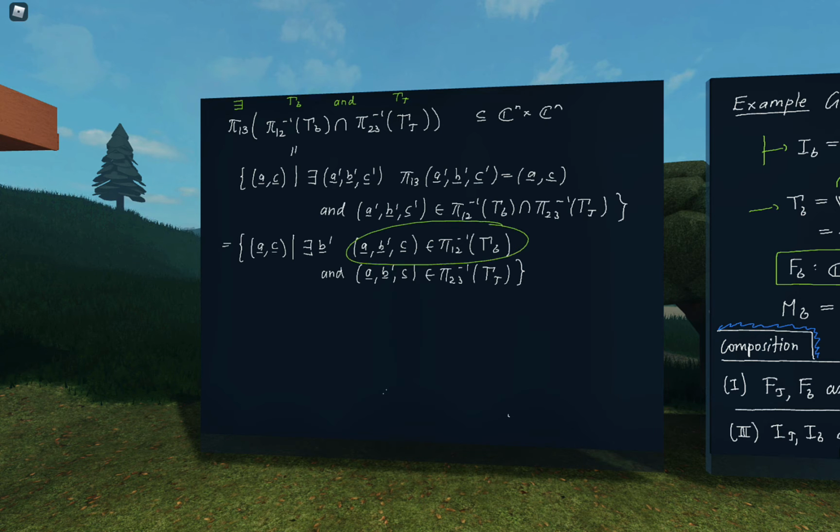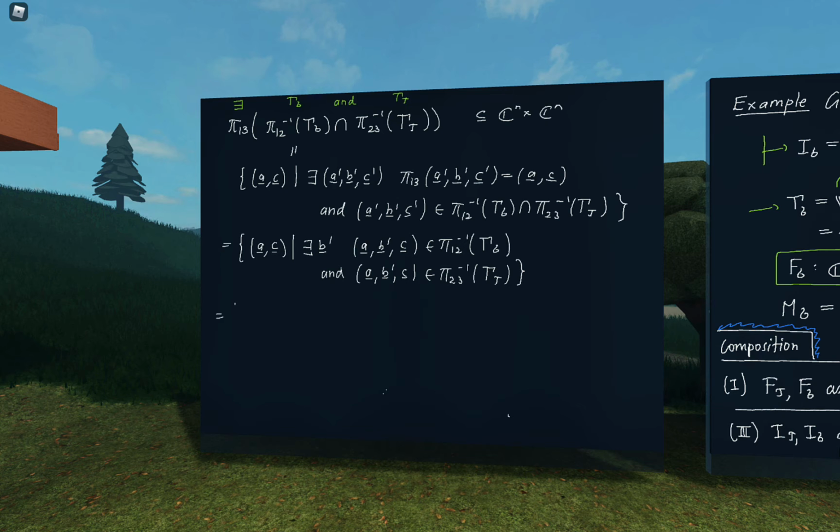Now let's think about this first inclusion. Pi1,2 is the projection, right? So if I take the pre-image under a projection, the third component is just free, because it's just discarded by the projection. So that simply says take the pre-image under pi1,2 of gamma sigma is all those tuples where the third component is free and the first two lie in gamma sigma.